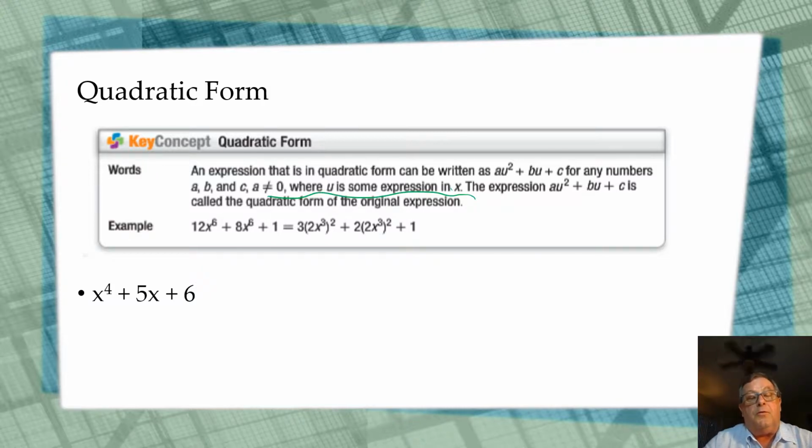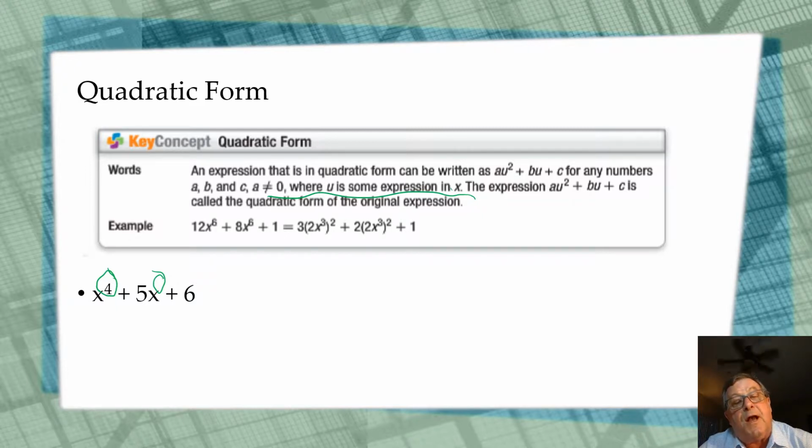Now, we're going to look through a couple of them, but one of the keys as to whether I can take a trinomial in this example and write it in quadratic form is that the exponent of the leading term must be twice as large as the exponent in the middle term, after maybe factoring out any greatest common factor, which there are none in this.